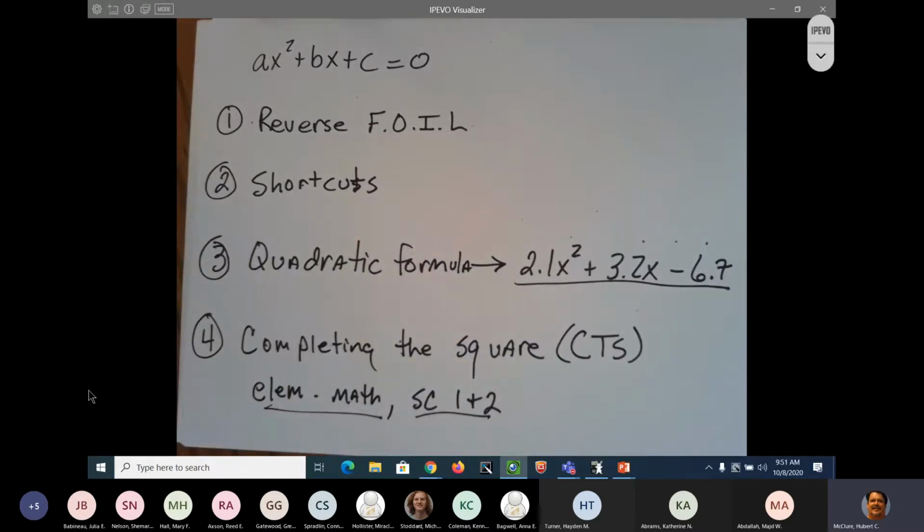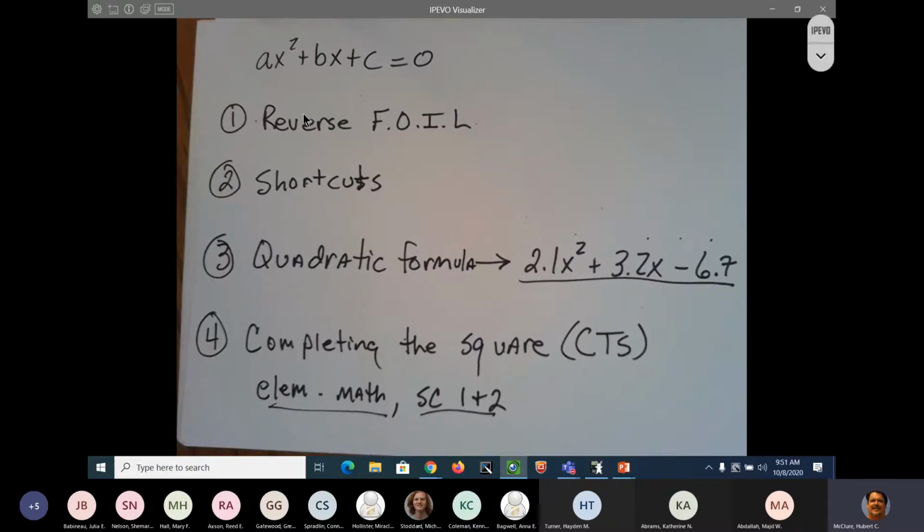Now, I want to see, and I want everybody to be truthful. How many of you have been exposed, meaning more than a week of doing it, completing the square? Raise your hand and leave it up.